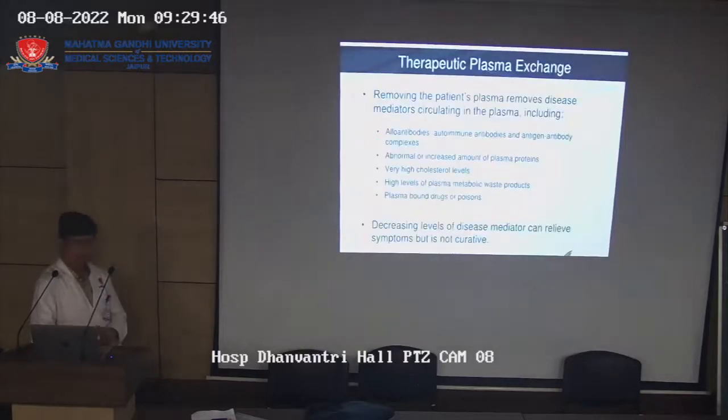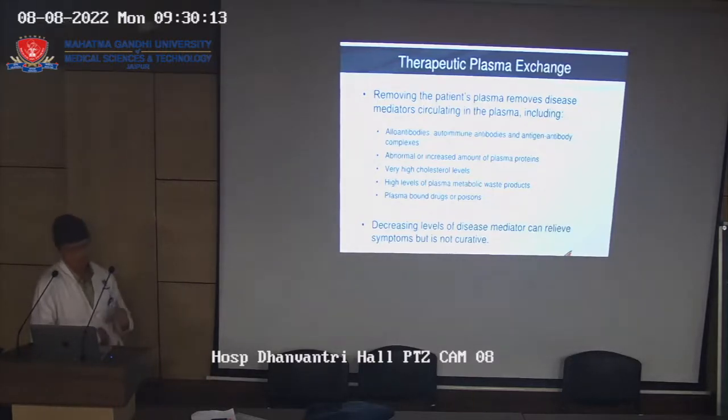And what is plasmapheresis? In plasmapheresis, we remove the patient's plasma and send it to a machine, and this machine removes the inflammatory mediators in the plasma, including alloantibodies, autoimmune antibodies, antigen-antibody complexes, abnormal or increased amounts of plasma proteins, very high cholesterol levels, high levels of plasma metabolic waste products, and plasma-bound drugs or poisons.